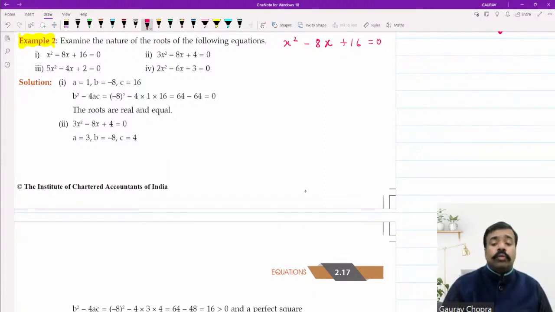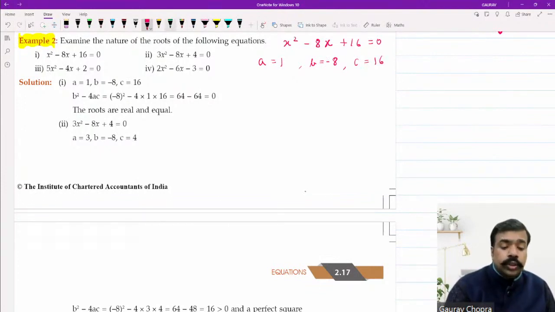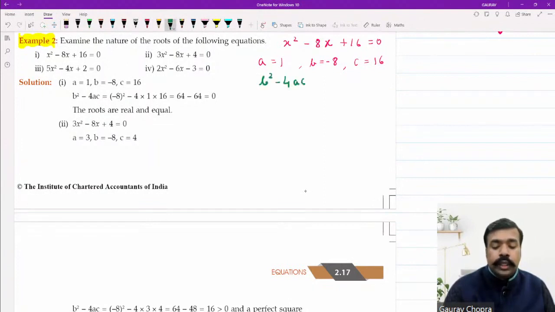All right. Now what we have to do is first of all see what the values of a, b, and c are. The value of a means the coefficient of x square, which is 1. The value of b is minus 8 and c is 16. Now for checking the roots, we have to do b square minus 4ac.